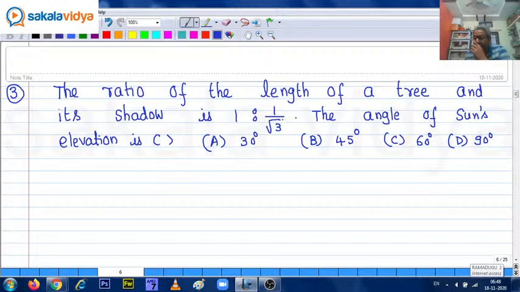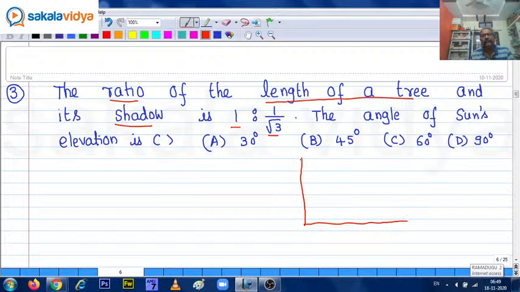Good morning, very good morning. The ratio of the length of a tree and its shadow is 1 is to 1 upon root 3. The angle of sun's elevation we need to find out. So first let us draw the rough figure. This is the tree, this is the shadow.